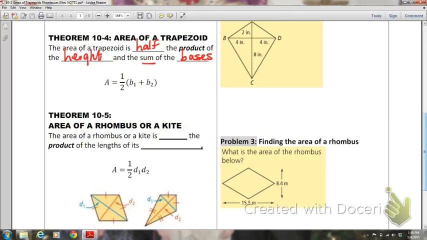So you have to be able to identify which sides are the bases in order to know what the height is going to be, the distance between the bases. In this formula here, it looks like it left the height off. Yeah, so half of the height times the sum of the bases.